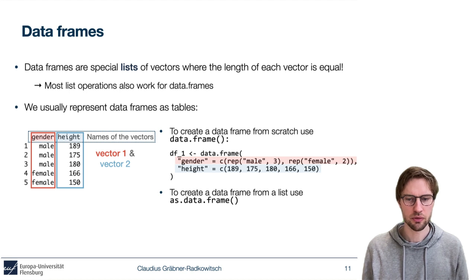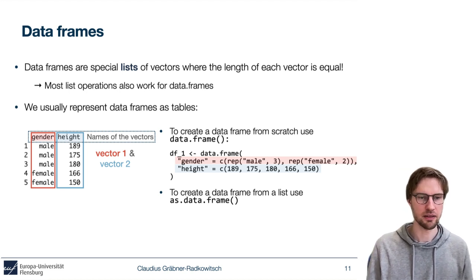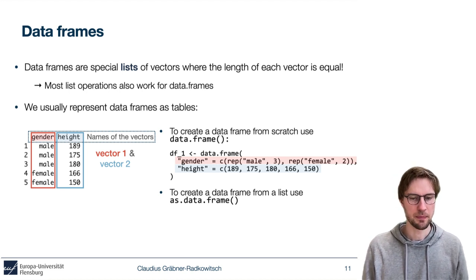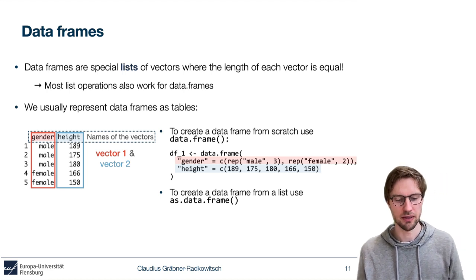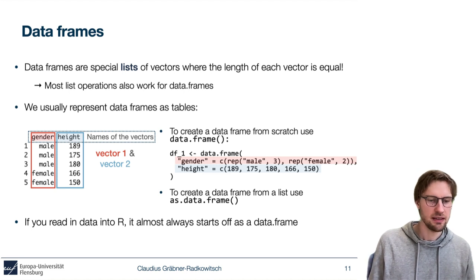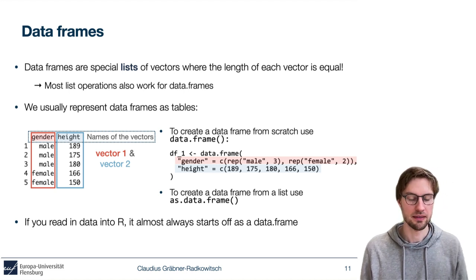Alternatively, you could also create a data frame from a list. So you define the list previously, and then you use the function as.data.frame to transform the list into a data frame. As I said, if you read data into R, it always starts off as a data frame.